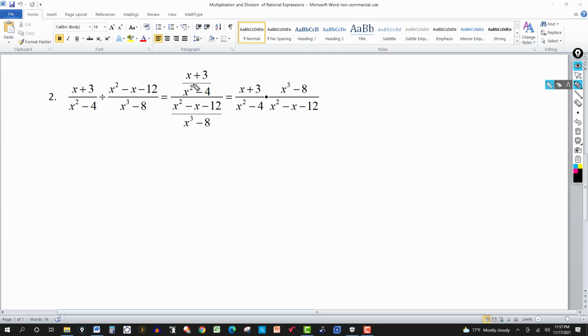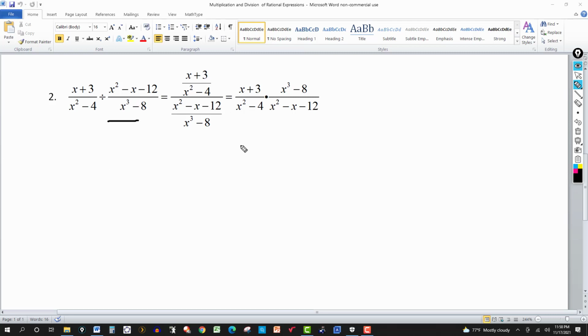So again, like I mentioned earlier, division pretty much is the same procedure as multiplication except for one step: you have to multiply by the reciprocal of the divisor. So the divisor is this one right here. So it becomes x plus 3 over x squared minus 4 times the reciprocal of this.